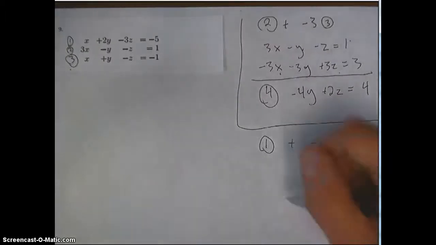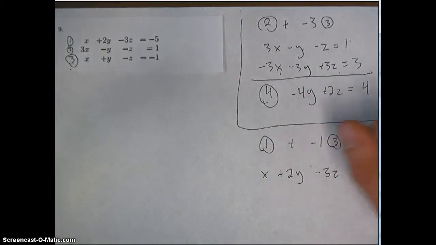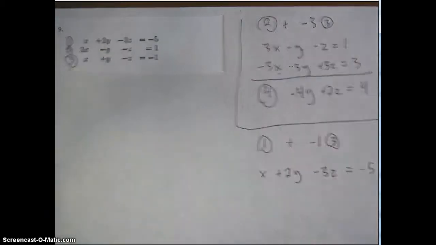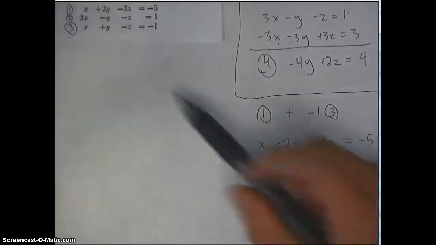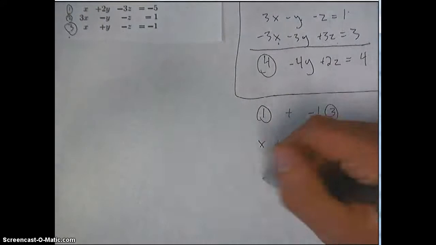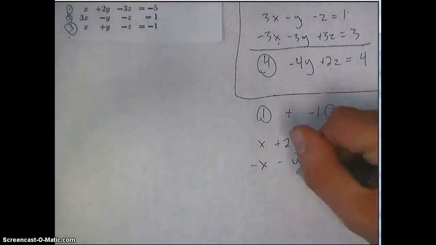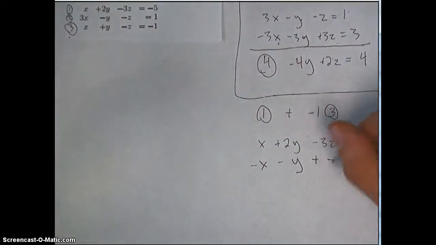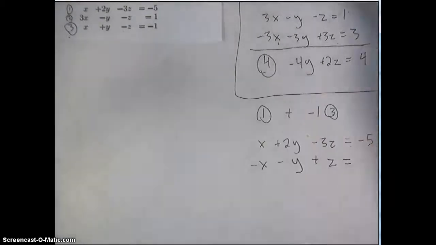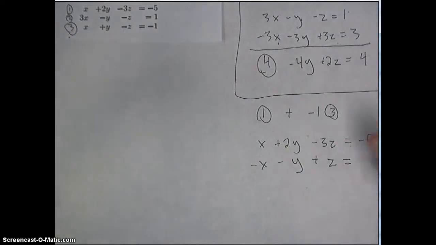Equation 1, I'm just going to copy down: x plus 2y minus 3z equals -5. Then I need to do -1 times equation 3. That'll be -x minus y plus z, because it's -z, so times -1 is plus z, equals, equation 3 times -1 is going to be +1.